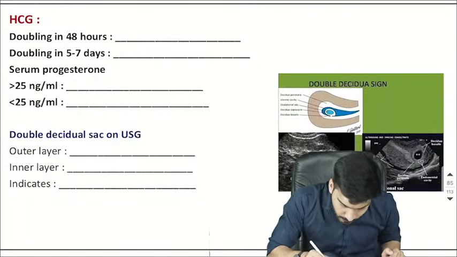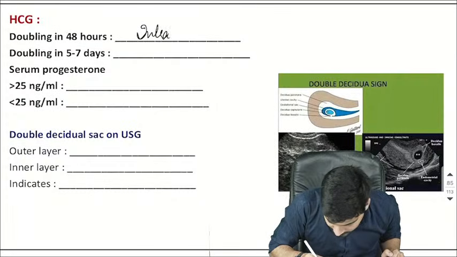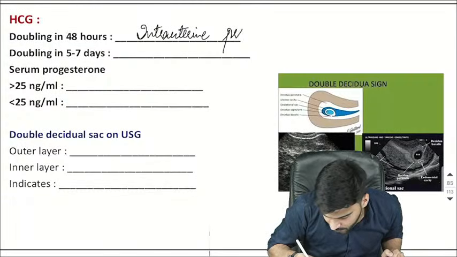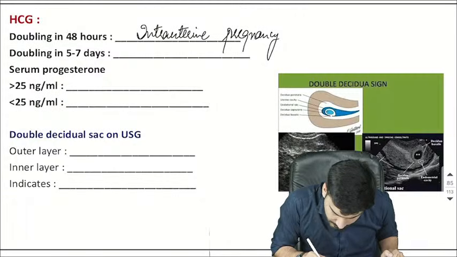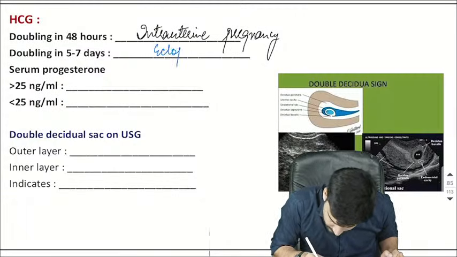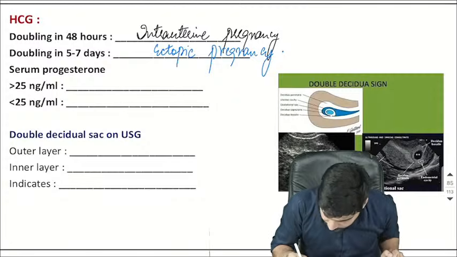Doubling in 48 hours, it's going to be intrauterine pregnancy. Doubling in 5 to 7 days, it's going to be ectopic pregnancy.